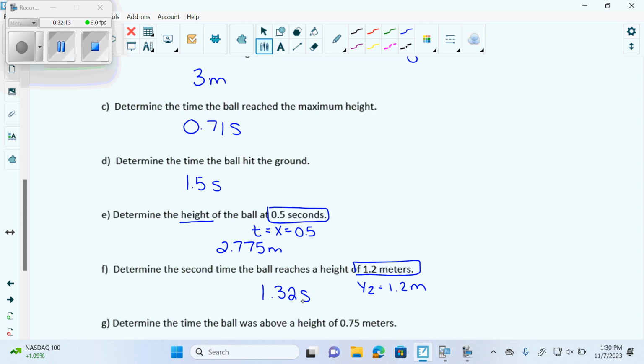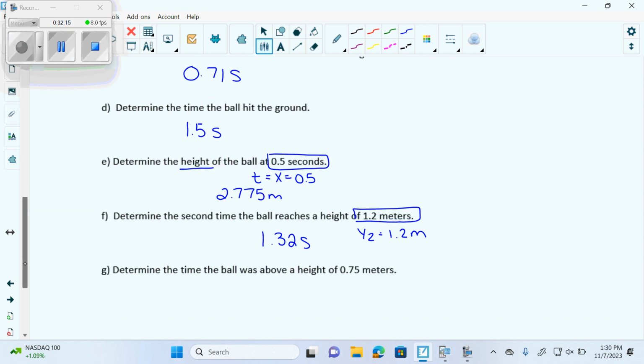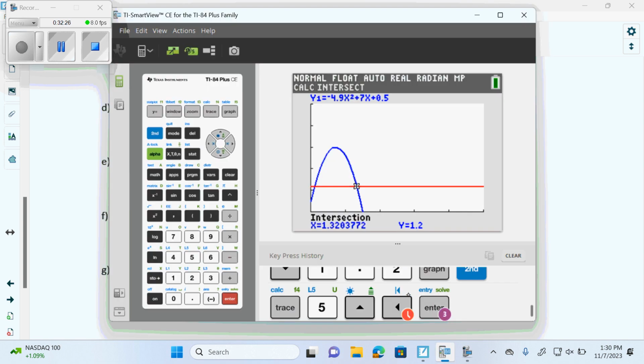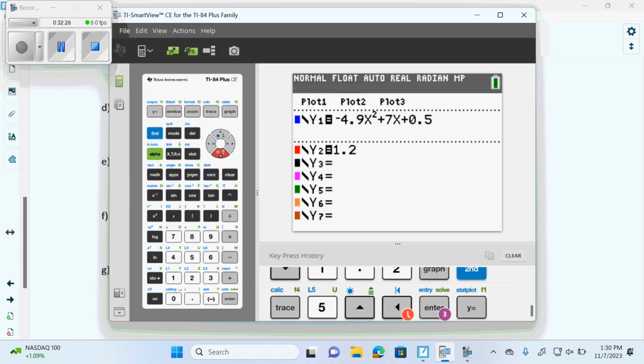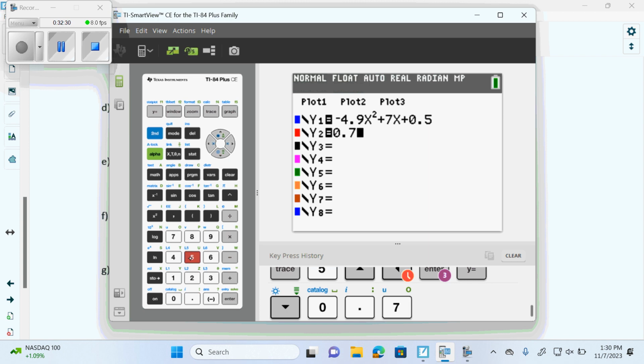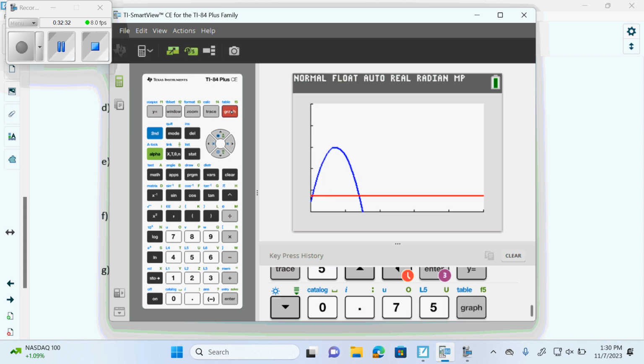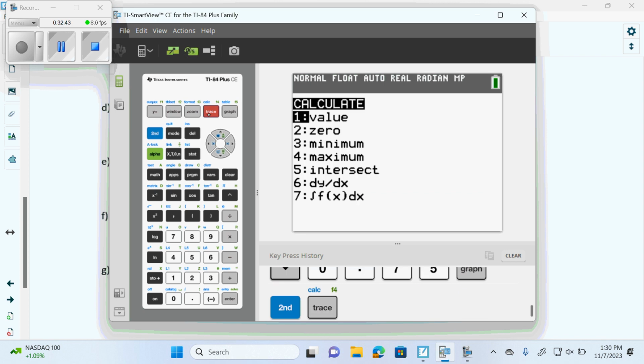This is the one that stumped people most, so please pay attention. It wants to know the time the ball was above 0.75 meters. So I put that into my y2, and I need to find the 2 intersections and subtract them. So I go 0.75. I press graph. I need to know this time here, and then I can find the time between, correct? So if I find the second time, I just have to subtract the first time from it. So second trace, 5.